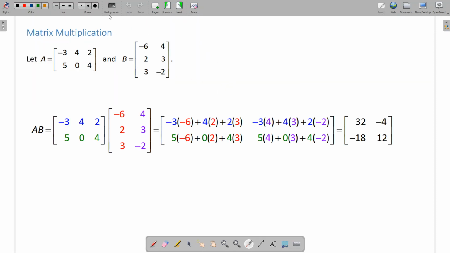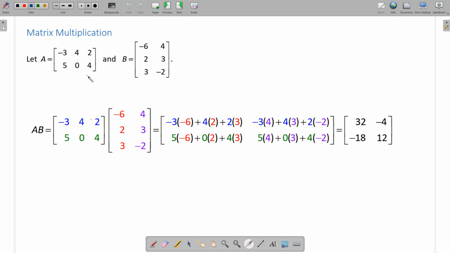Okay, so we've done matrix addition, we've done matrix subtraction, and scalar multiplication. So now we want to do matrix multiplication. This one, unfortunately, is quite a bit messier than the other ones. So before we write out the general rule, let's just look at an example that's already worked out here for us. The idea for this is we're multiplying these two matrices.